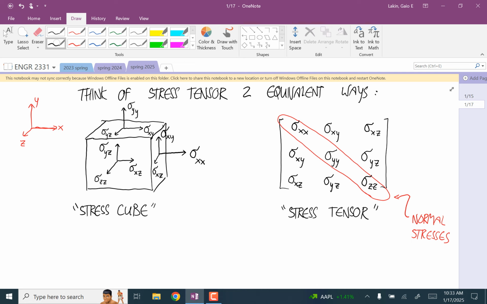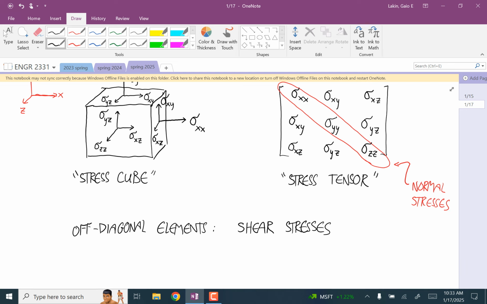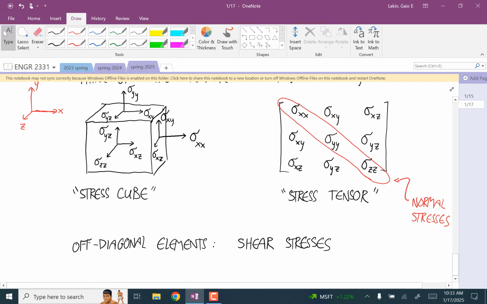And the off-diagonal elements are called the shear stresses. So whenever we talk about normal stresses and shear stresses, this is what we mean.